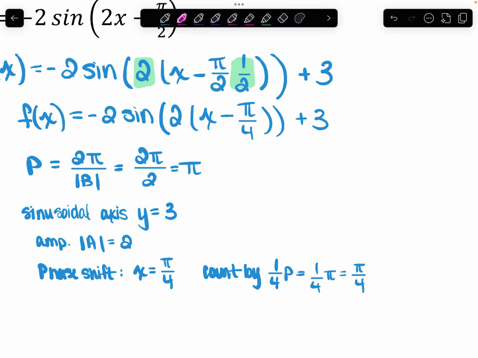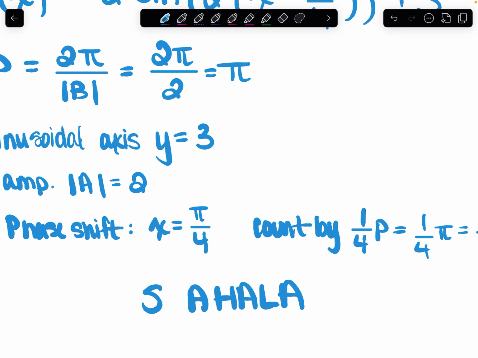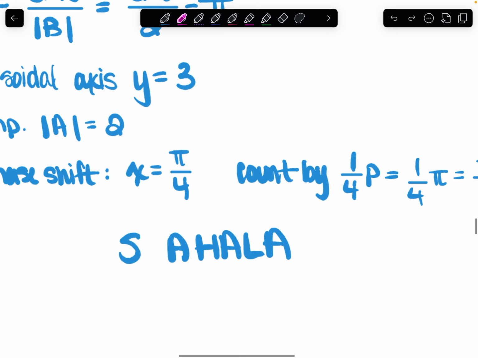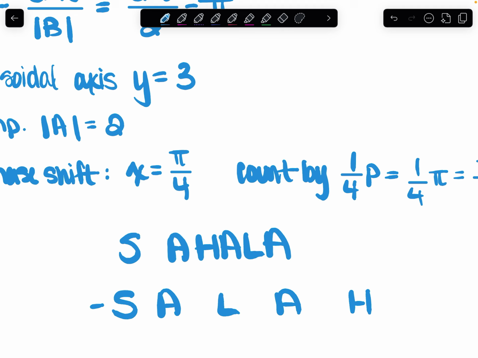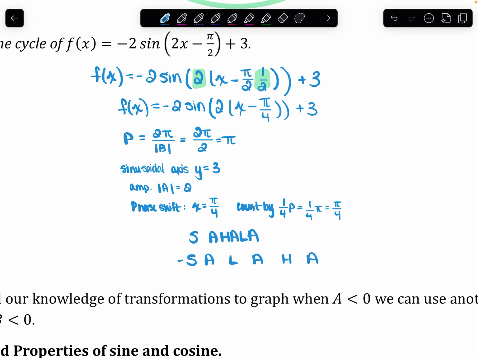I just remember sine is Sahala, but because of the negative out front, we want to make sure we swap our highs and our lows. So Sahala is going to change, and we're just going to switch the H's and the L's. So we're going to get negative Salaha.